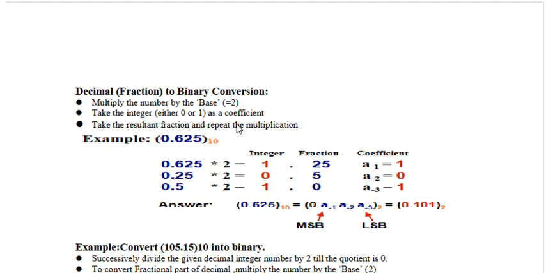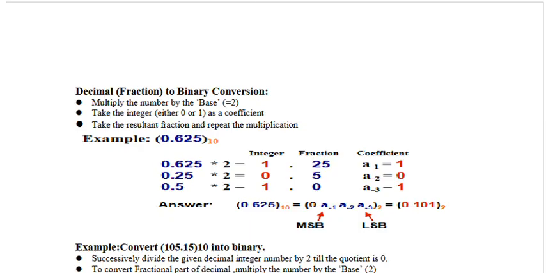Okay, next let's go for the decimal fractional part to binary conversion. Okay, now here also the same procedure but with a little difference. Here we need to follow successive multiplication with the corresponding base 2.